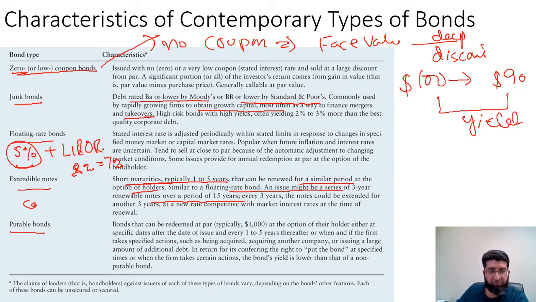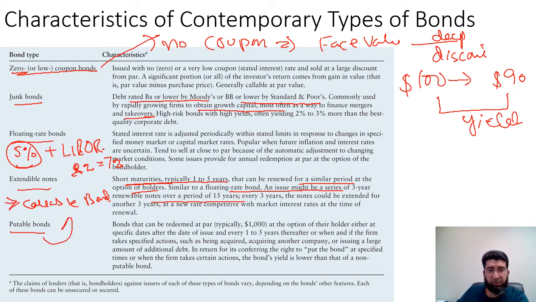Putable bonds. If you remember, callable bonds were the ones issued with a call feature attached by the issuer, and it is in the interest of the issuer to call the bonds when the market interest rate is lower and the issuer is paying a higher interest rate. They will use these callable bonds to reduce the cost of funds.